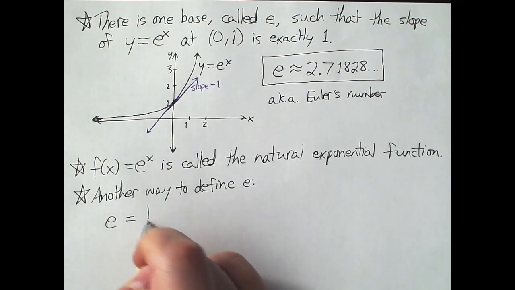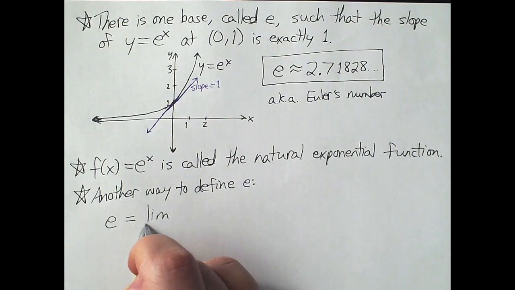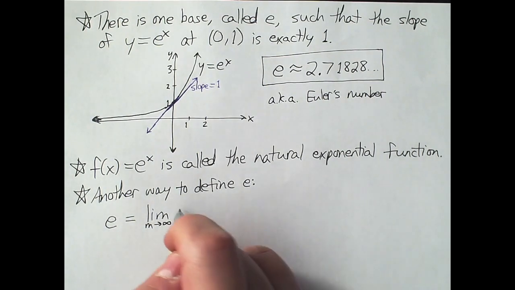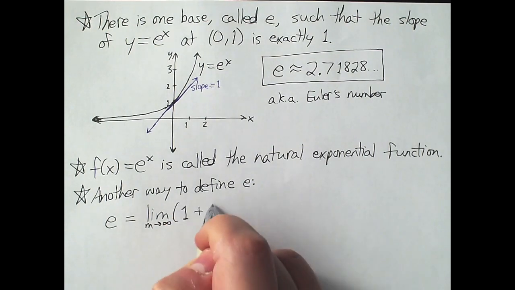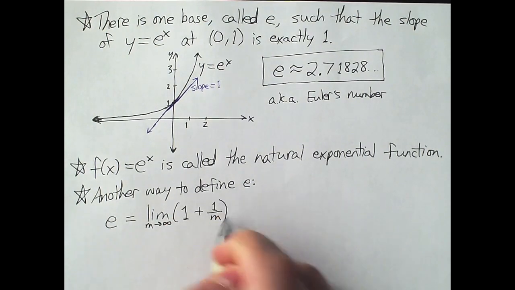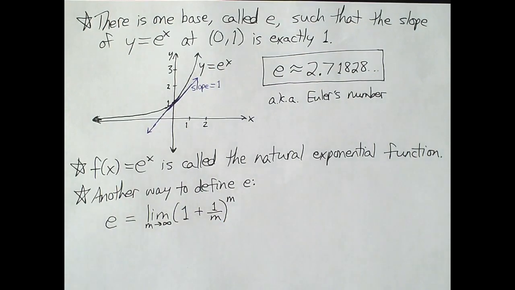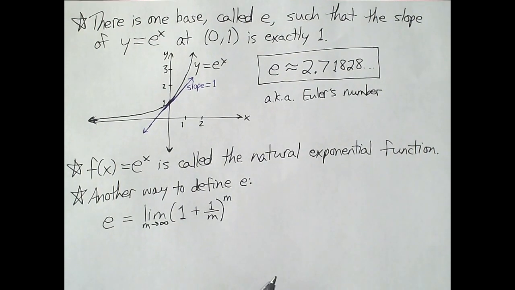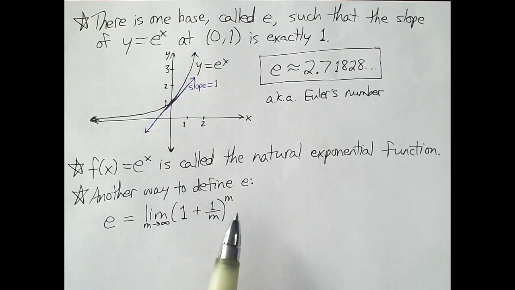e happens to be equal to this limit: the limit as m goes to infinity of (1 + 1/m)^m. Now, this is not a formula that you need to memorize, so don't worry about that. But this is an equal sign. e equals exactly this quantity. Is that a weird-looking expression?